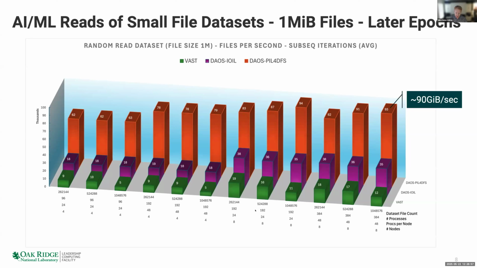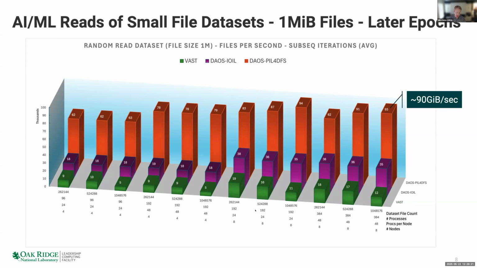And then for the rereads, essentially the later iterations, we increase that a little bit more. You get a little over 10 gigabytes per second per client node or per server, however you want to look at it. So the interesting thing here, at least in the VAST results, is we're seeing some sort of degradation for the data sets that have 1 million files.